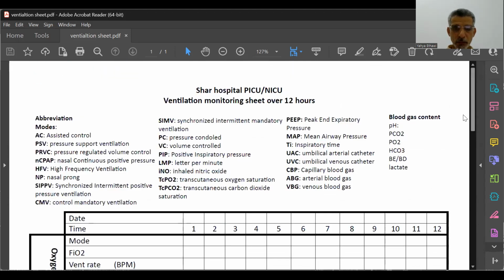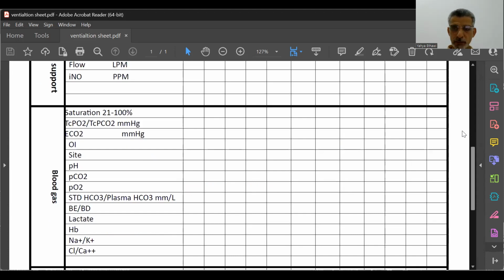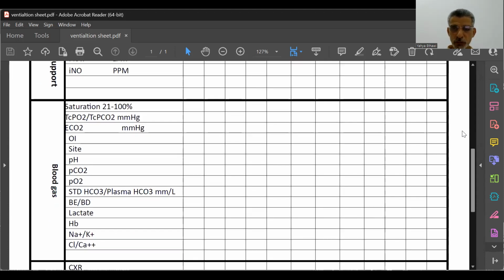So you asked me about the blood gas. Now we will have a session about interpretation of blood gas. However, you asked, and today is only showing you how to monitor a baby on a ventilator, how to document that. So the bicarb, or all the blood gas, are actually all calculated. The base excess, the base deficit.